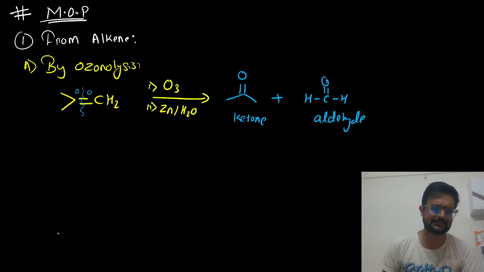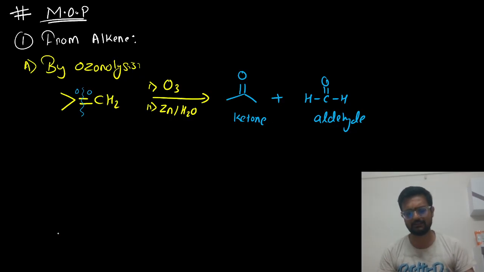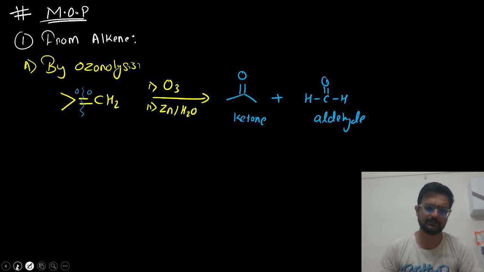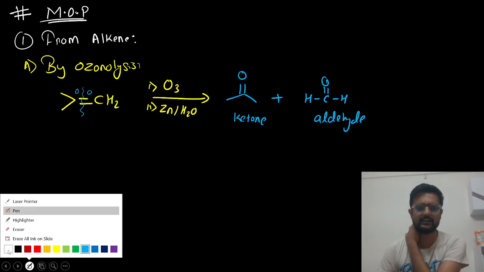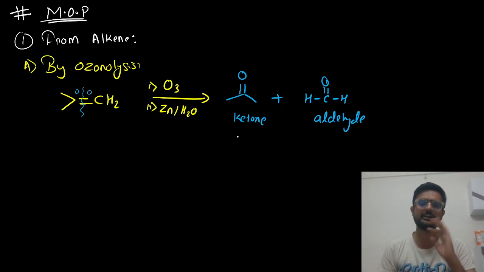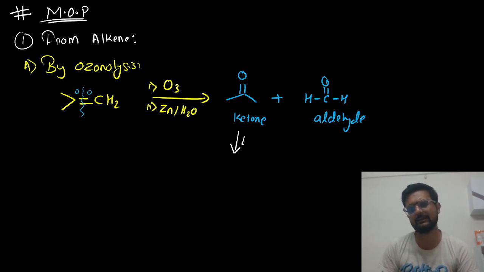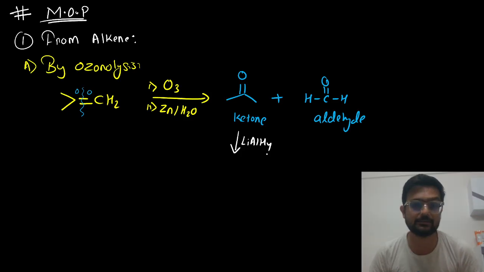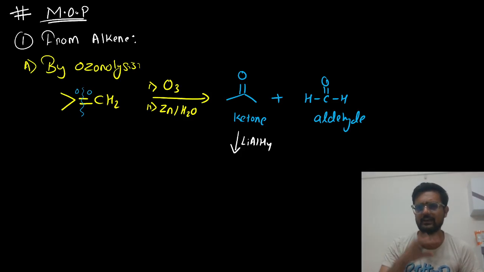Now suppose the examiner gives you a question, and in the above reaction, let's say I have added a reducing agent, like LiAlH4, lithium aluminum hydride. Remember we have learned it is the strongest reducing agent.